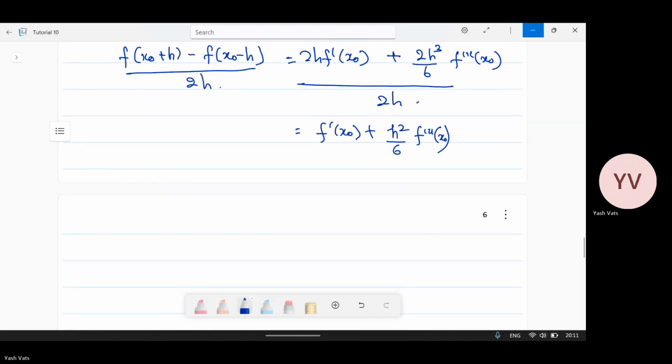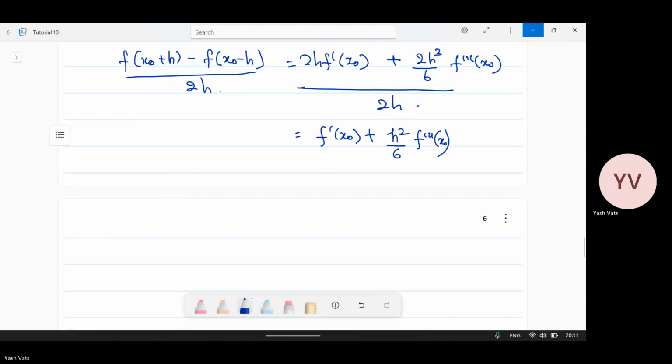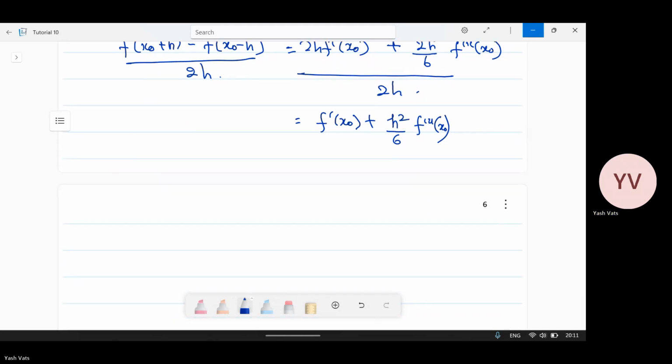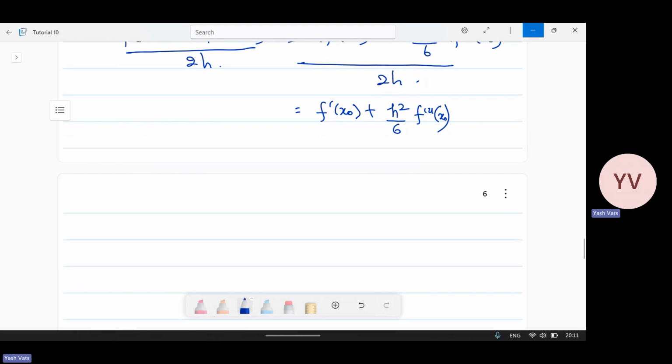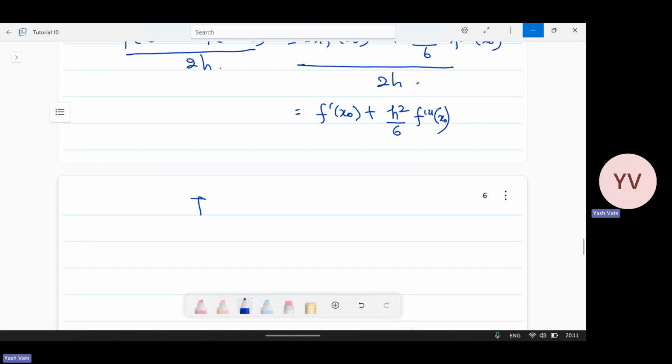So the bound for total error is, so what is the total error? Global error. Truncation error is basically the bound for one step, but total means total global error.